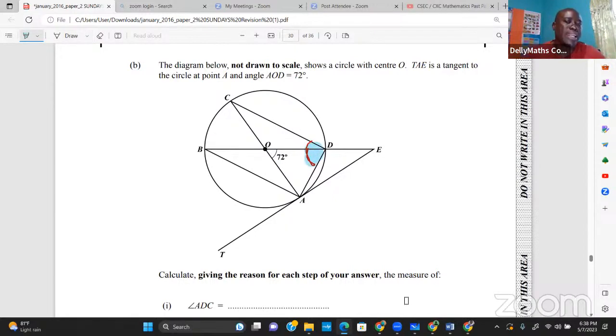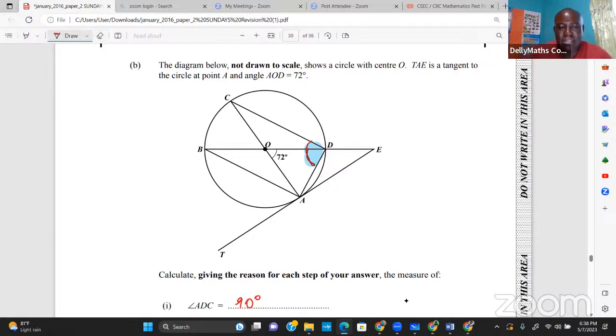Now remember, a nice thing that we got was the center. So that means that this is a diameter. Any line that passes from one point on the circumference through the center to another point is a diameter. And remember, angle in a semicircle is 90 degrees.